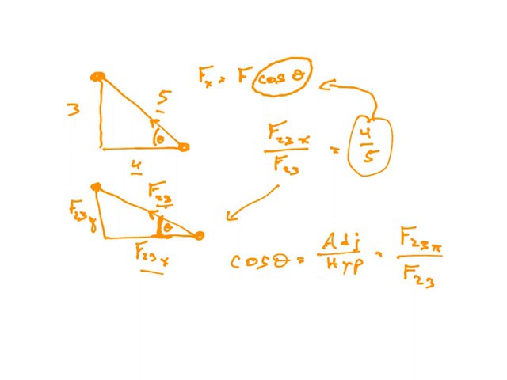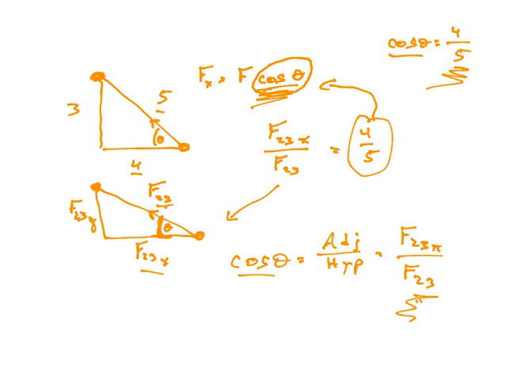For the triangle up here, same thing: cosine of theta is the adjacent side, the 4, over the hypotenuse, which is 5. Since they're similar triangles, this cosine theta and this cosine theta are the same thing. So instead of writing cosine theta, I could write 4/5, or this thing. They're all the same number.